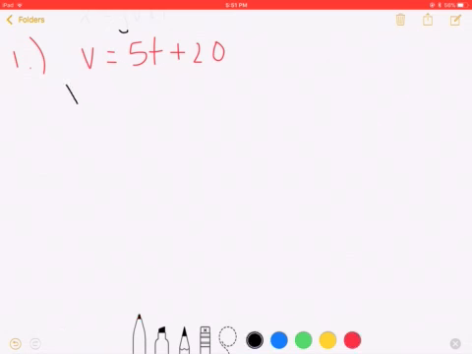We know that displacement is the integral of the velocity function in terms of time. So I'm going to substitute the v in that equation with the actual function we're given. So I'll have the integral of 5t plus 20 dt, the integral of this function in terms of t only.